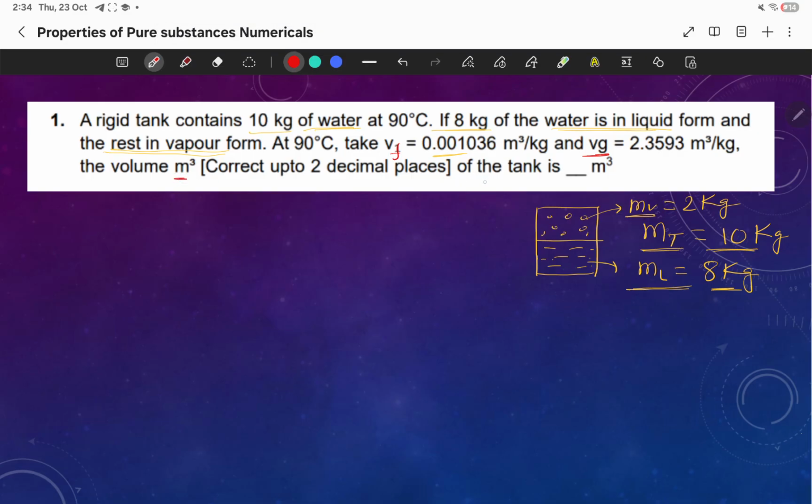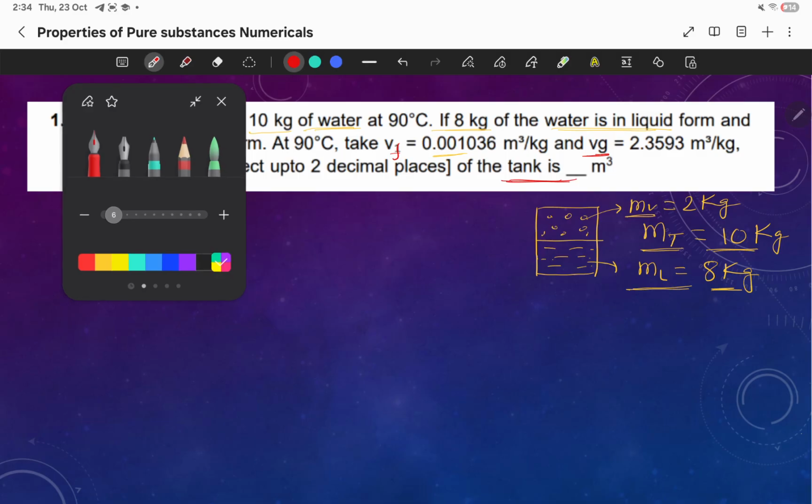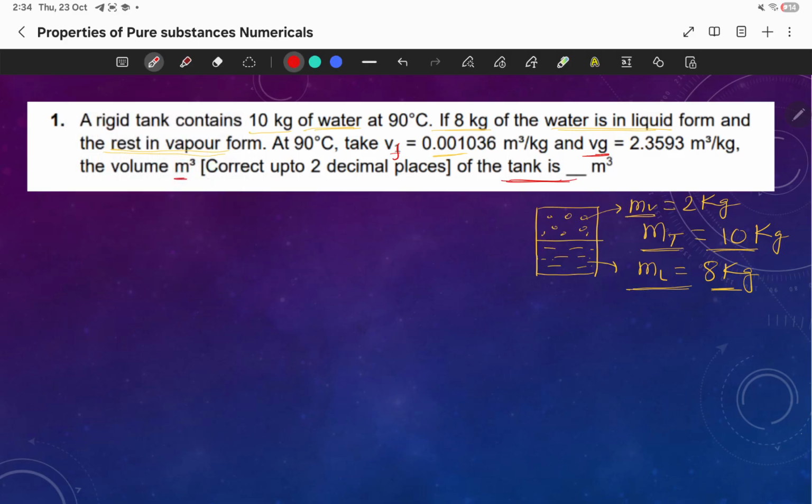Okay, so let's write what data we have. Mass total is 10 kg. Mass of liquid is 8 kg.